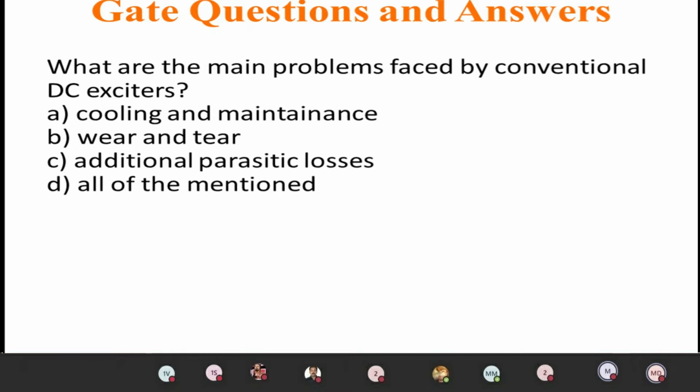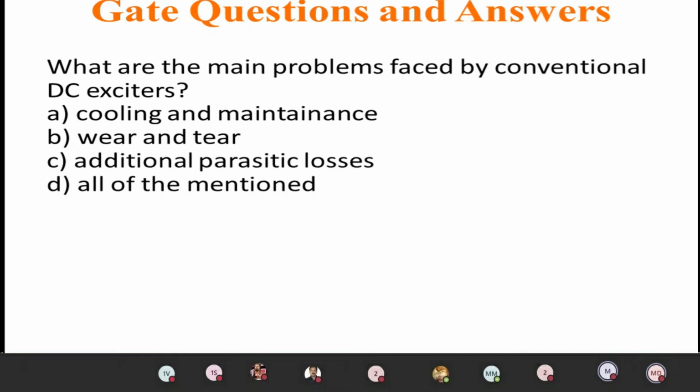What are the main problems faced by a conventional DC exciter? Conventional DC exciter is nothing but the pilot exciter. It is a DC shunt generator which is connected along with the main shaft. Here we must understand that it is a separate machine from the main machine. Every machine has cooling and maintenance charges, especially a DC machine, which has more maintenance charges compared to an AC machine.